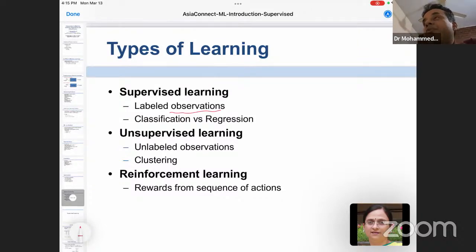For example, if you want to classify an email as spam or non-spam, the email is x_i, the input, and the output is 1 if it is spam and 0 if it is not spam.